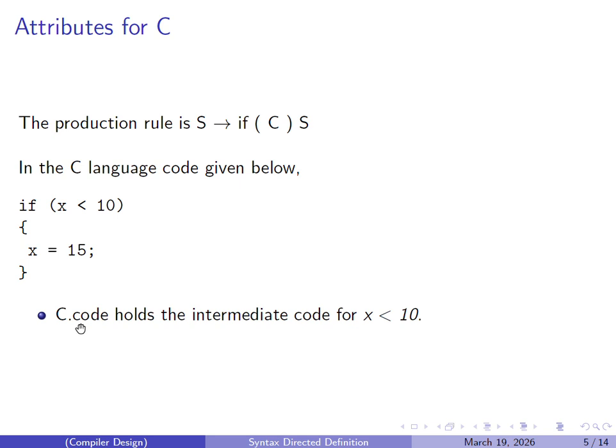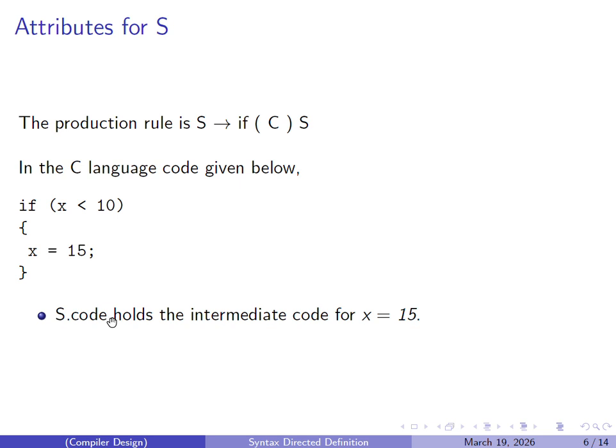The attribute name is code and it belongs to C. We say it is C.code. It holds the intermediate code, hence the name of the attribute. So x is less than 10, we take that and convert it to an intermediate code, and that is going to be put into C.code.